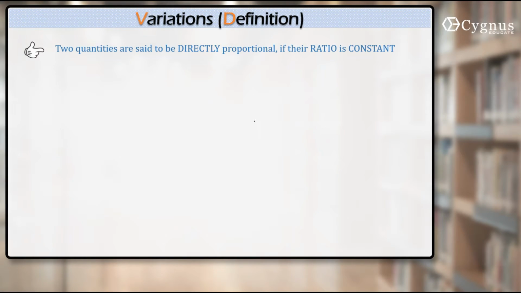Two quantities are said to be directly proportional if the ratio is constant. Now, if it's given that with an increase in A, there's an increase in B, or with a decrease in A, there's a decrease in B, so I can see that they are directly related to each other. So how do we write it?